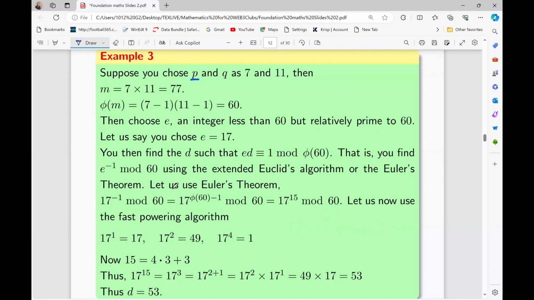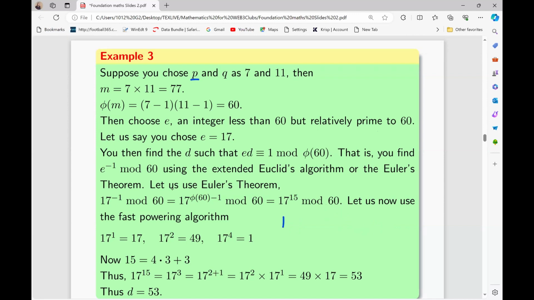So the extended Euclidean algorithm says we want to find 17 times D, which is congruent to 1 mod 60. So we want to find what D is. We want to solve this equation here.